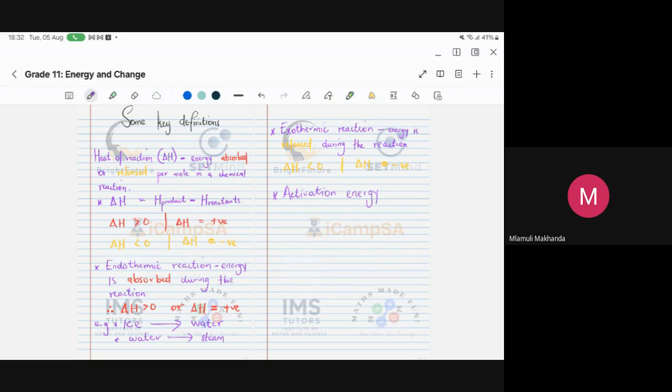So what that means is for any reaction to start or to take place, it needs a certain amount of energy. Since we made an example with taking ice and melting it to water, if you were to take ice, for instance, and add a small amount of heat, right?